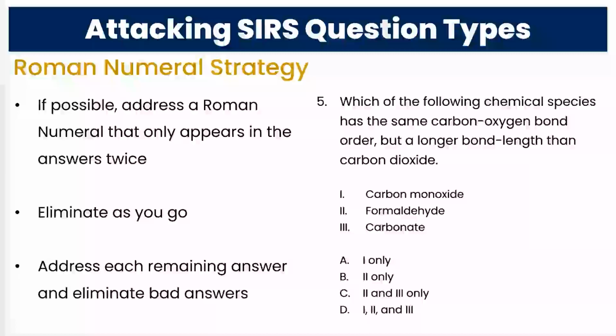What kind of bonds do we have in carbon dioxide? Double bonds. So Roman numeral 1 is in or out as an answer. It's out, which means which answer choices can I eliminate? A and D go bye-bye.